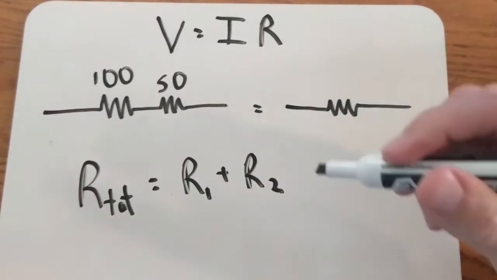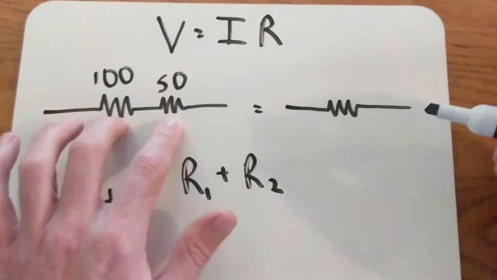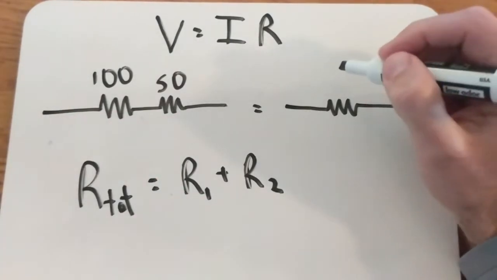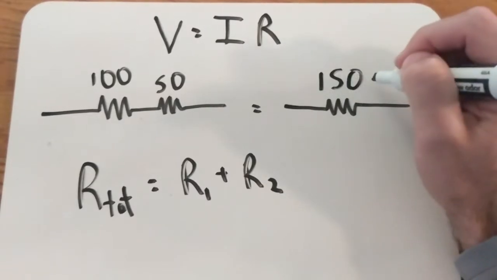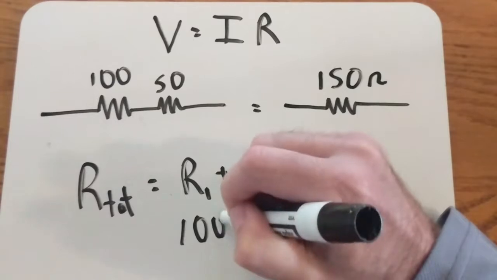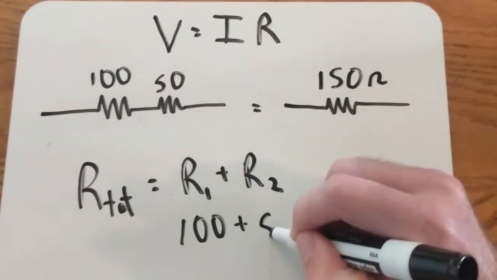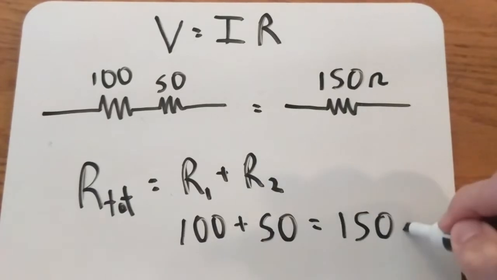All right, so in this case, if I have a 100 and a 50 ohm resistor, then the equivalent, in other words the total resistance of the entire circuit, is equal to a 150 ohm resistor, because one of the resistors is 100 and the other one is 50, and 100 plus 50 is 150.